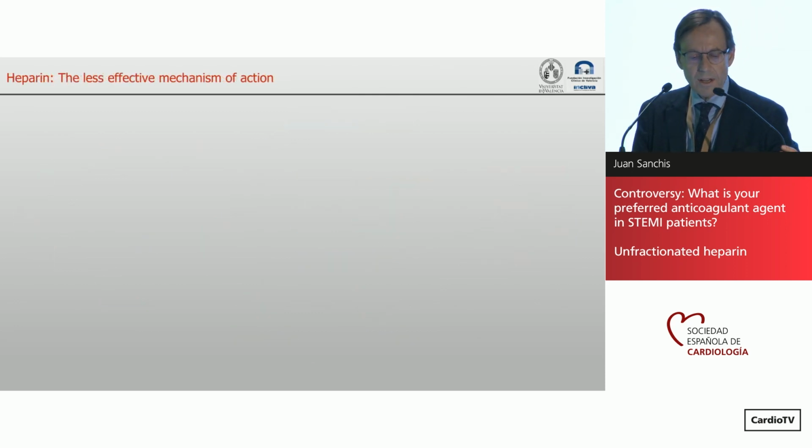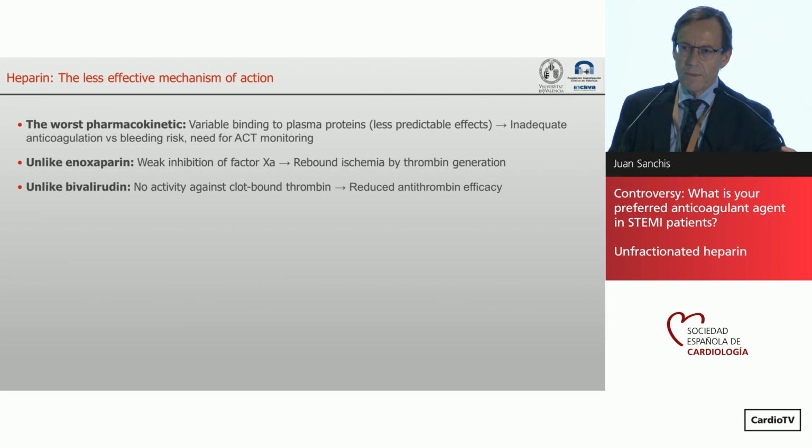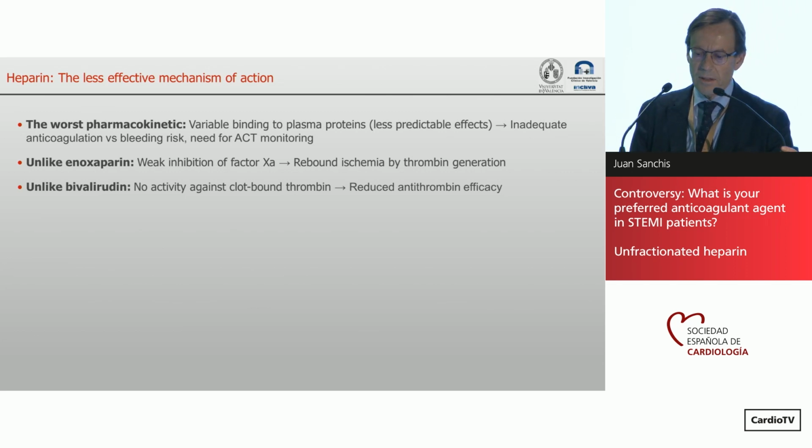So conceptually, heparin has the less effective mechanism of action. It has the worst pharmacokinetics because there is a variable binding to plasma proteins, which makes its effects less predictable, and the need for ACT monitoring. Unlike enoxaparin, it has a weak inhibition of factor 10A, which might favor rebound ischemia after the interruption of the treatment.